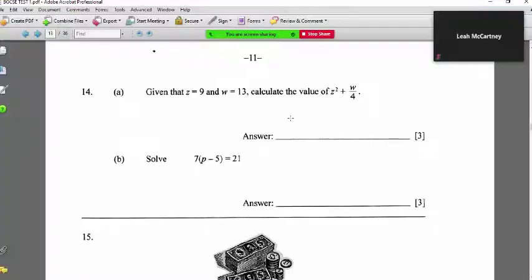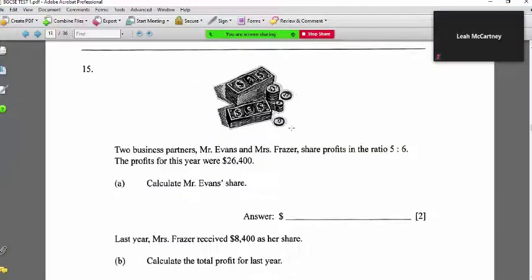Okay, so 15. Two business partners, Mr. Evans and Mrs. Fraser, share profits in a ratio of 5 to 6. The profits for this year were $26,400. Calculate Mr. Evans' share. So, if you're sharing in a ratio of 5 to 6, the total amount of units you have here is 11.